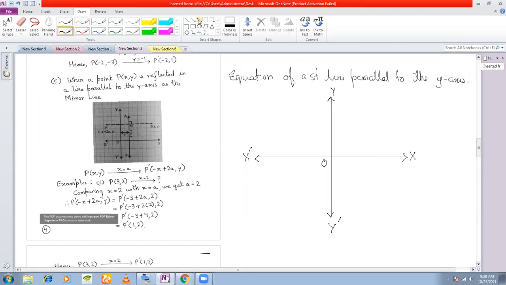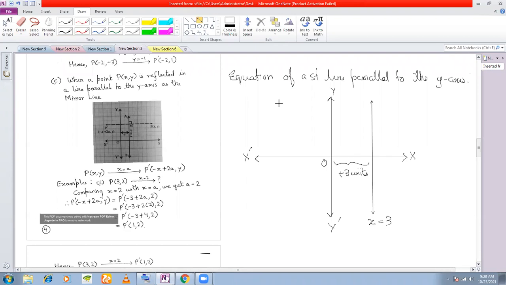I draw a straight line that is in the positive direction of x and which is at a distance of, let us say, 3 units from the origin. Clearly you see this line is parallel to the y-axis, and it is at a distance of +3 units from the origin. Therefore, the equation of this line will be x is equal to +3.